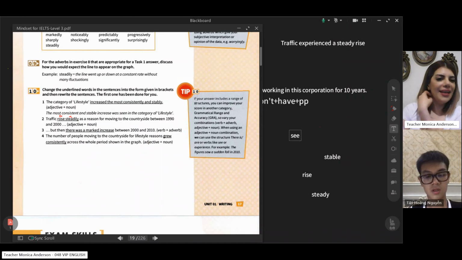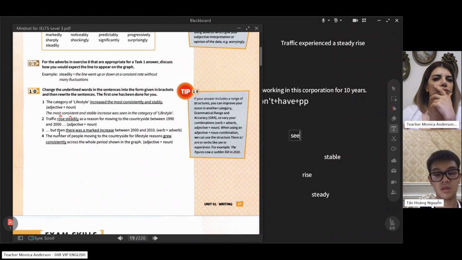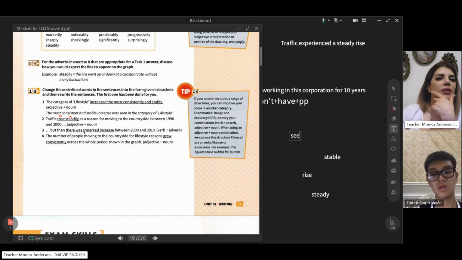Well, number 3. But then there was a marked increase between 2000 and 2010. Okay, adjective. Now here we have verb and adverb.